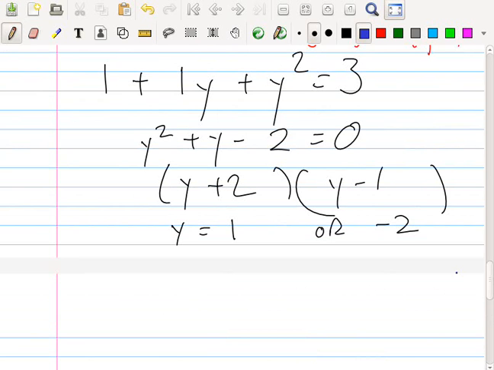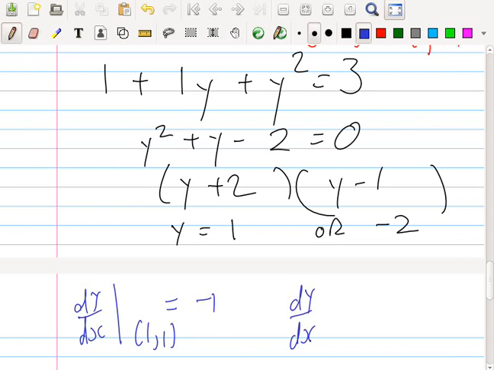So you got dy dx when you're at 1, 1, what does it equal? Minus 1. And the other possibility, dy dx when it's 1 and minus 2 equals 0.